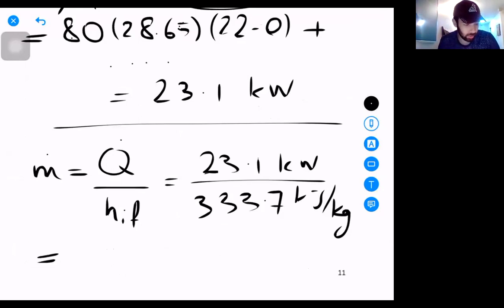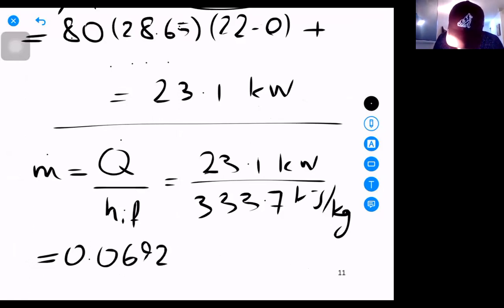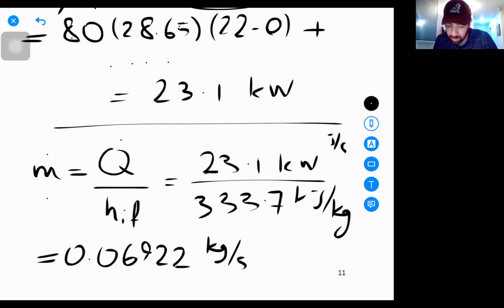Let's calculate 23.1 over 333.7, which gives 0.06922. Watt is joule per second, so this is kilojoules per second, and the unit will be kilograms over second. But it has asked me to find it in 24 hours.